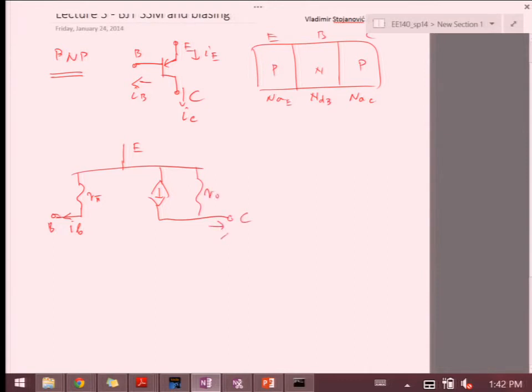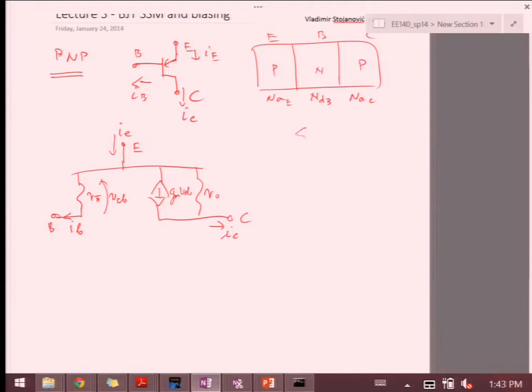I'm also drawing the collector current out, just because my emitter current is going in. Then I have VEB here, and I'm going to do GM VEB. This is just to make it easier for you to go through the circuit and evaluate things.